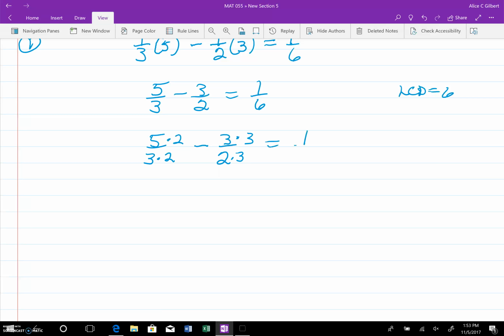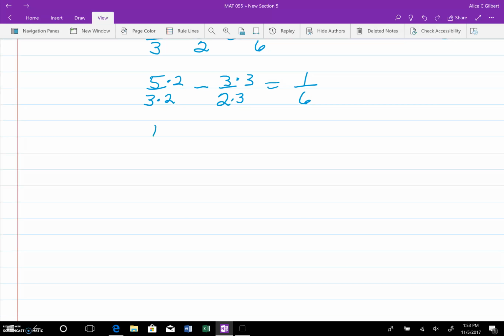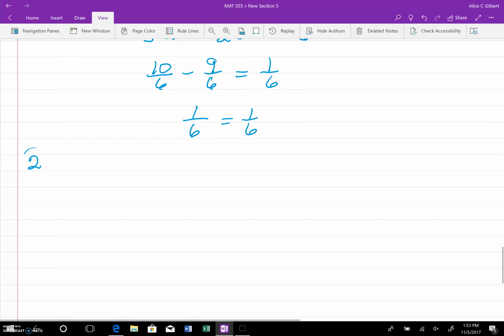And the right side I didn't have to do anything with yet. And so now I've got 10/6 minus 9/6 equals 1/6. And 10 minus 9 is 1. So 1/6 equals 1/6. But that's only one equation. I have to check this in both. So I need to check it in the second equation.